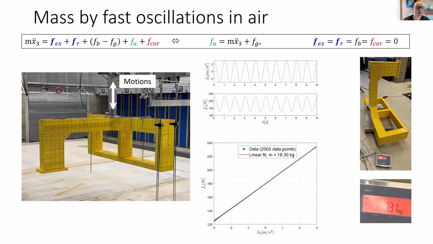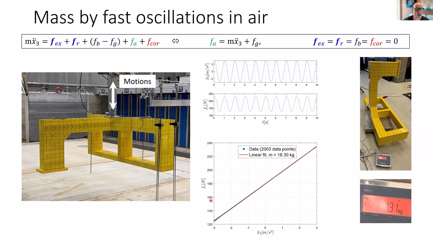We'll start out very simple with moving the platform by fast oscillations in air. In this case, we have only the gravity force and inertia force that will be measured with the actuator, and we can see that the inertia force will be proportional to the mass. On the upper plot, we see a time series of measured vertical accelerations and the forces measured by the actuator during the same time period.